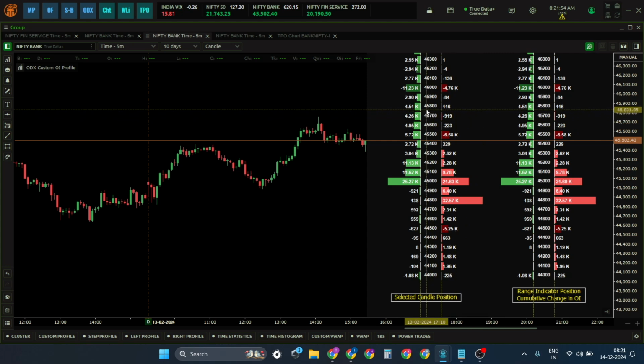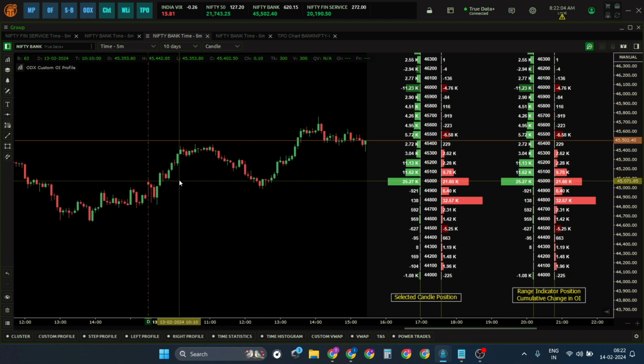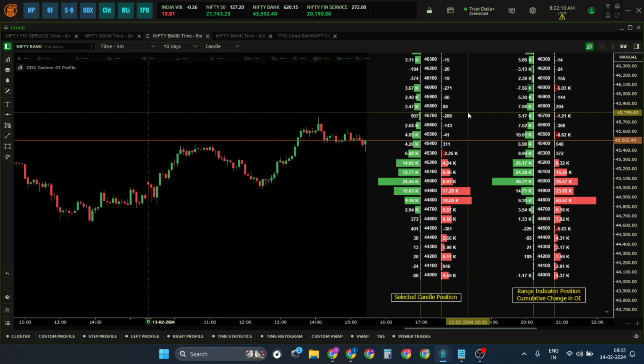For example, let's say 45,800, 116. On the put side at 45,800, we have 116 positions in the selected candle, as well as in the range indicator. Now let's switch to the next position. 116 plus 88, you can see 204.